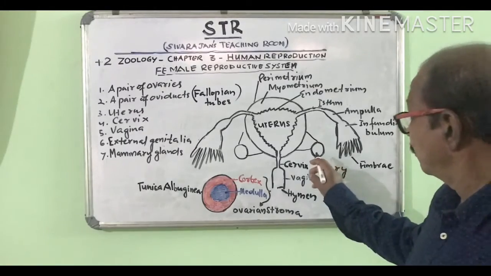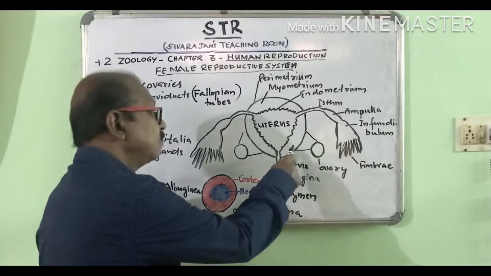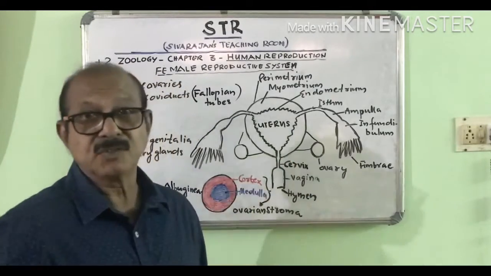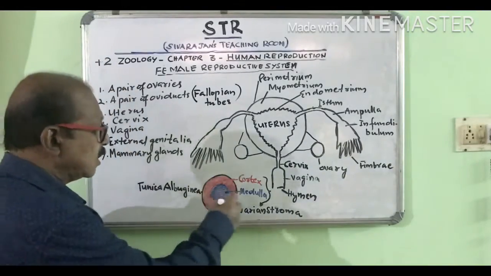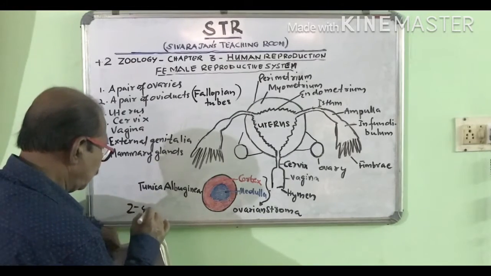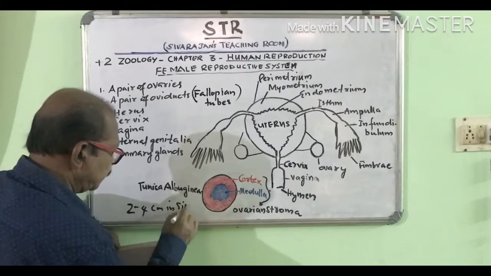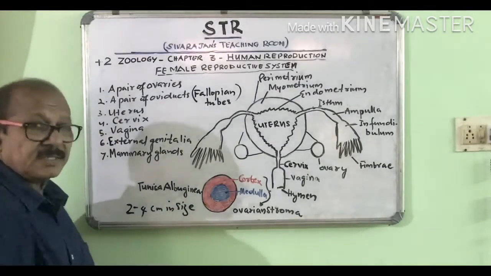So the ovary remains there itself. The ovaries are 2 to 4 centimeter in size. So what is the size of the ovaries? 2 to 4 centimeter in size.